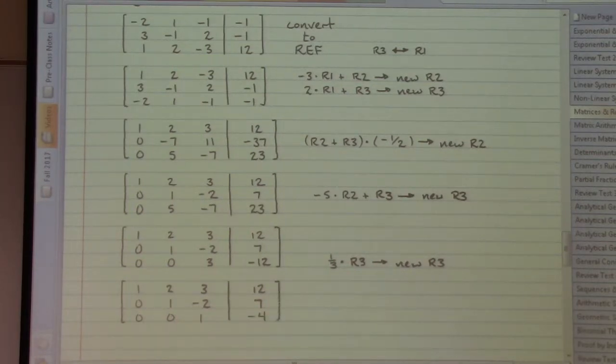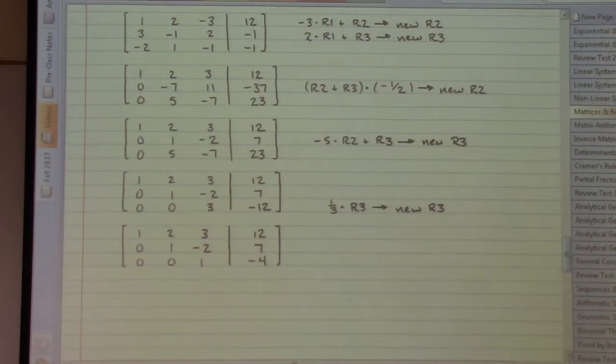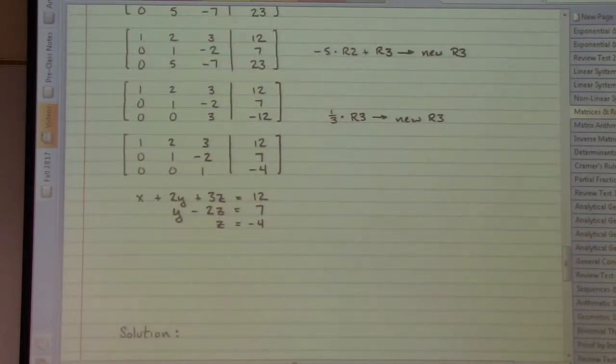And so we've got our row echelon form, and we can go through that backtracking, that back substitution. We would say that we've got from the first row x plus 2y plus 3z equals 12. From the second row, y minus 2z equals 7. And from the third row, z equals -4. Because z is equal to -4, y minus 2 times -4 equals 7.